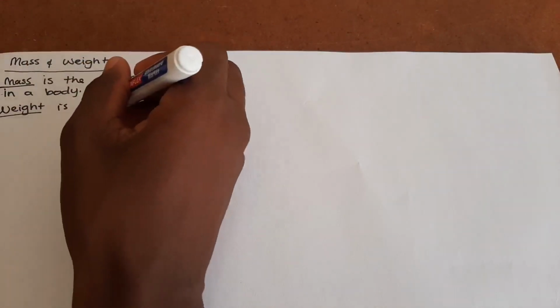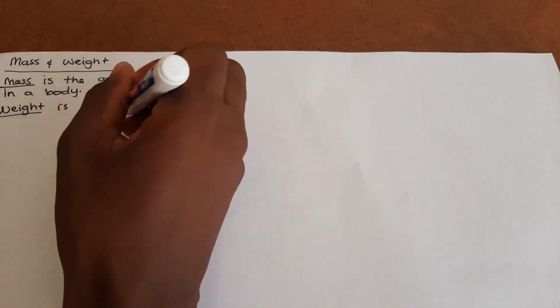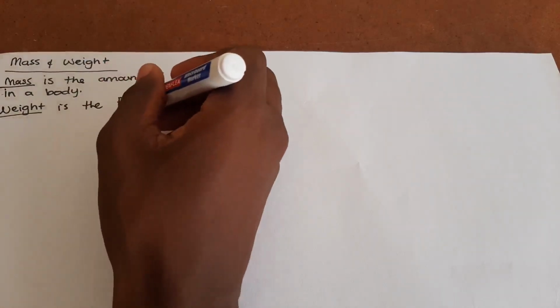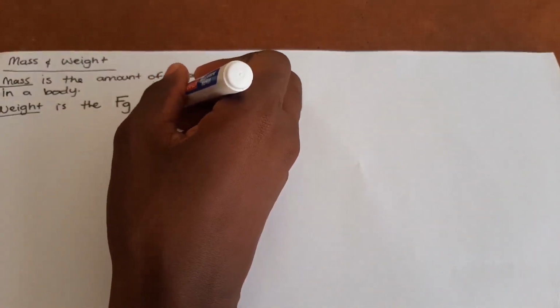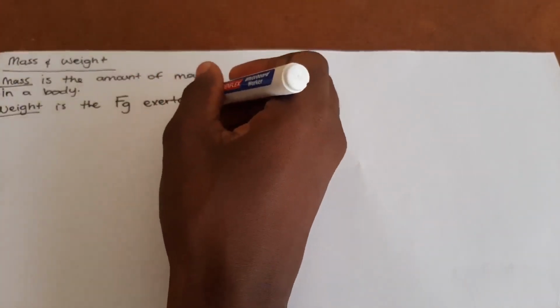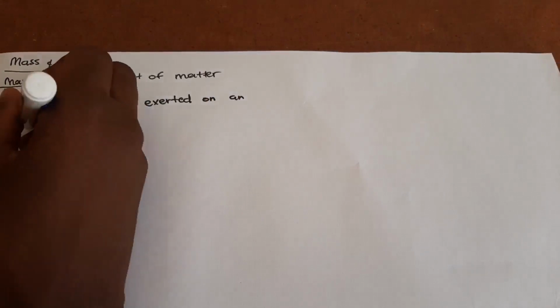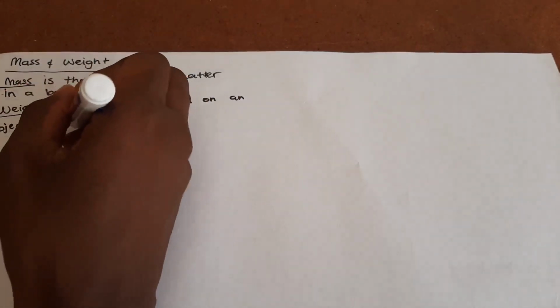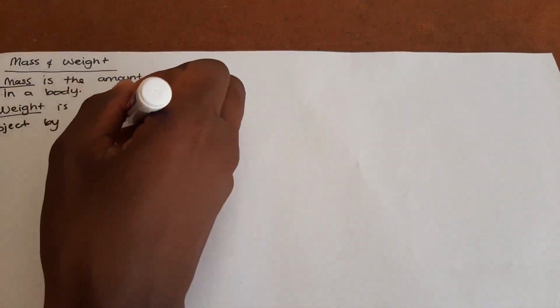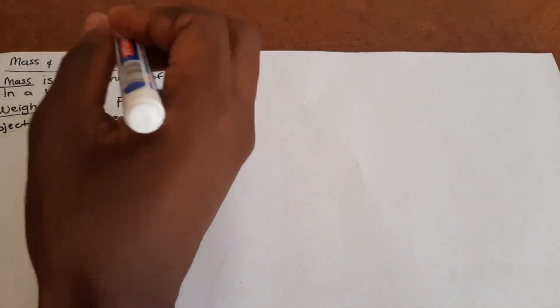So weight is the gravitational force exerted on an object by the earth, and that's how it goes.